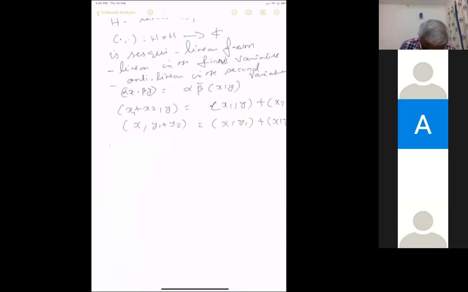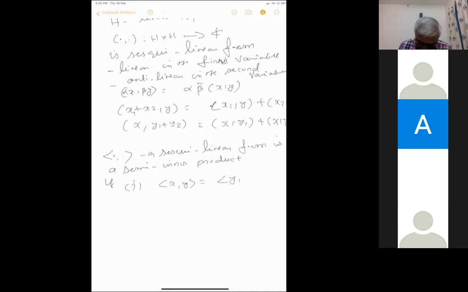Now I will use a different notation. A sesquilinear form is a semi-inner product, sorry, if it satisfies this self-adjoint condition: (x, y) equals (y, x) bar.